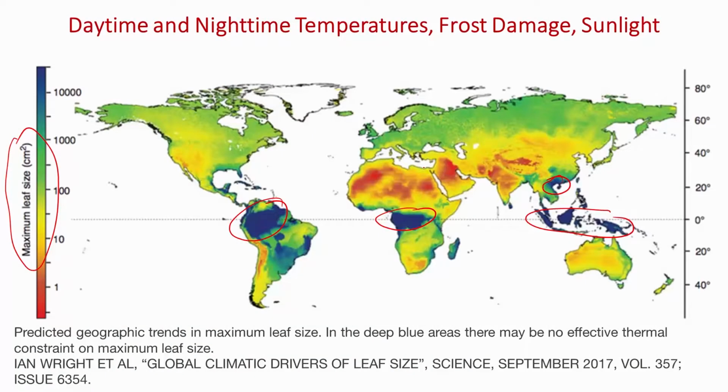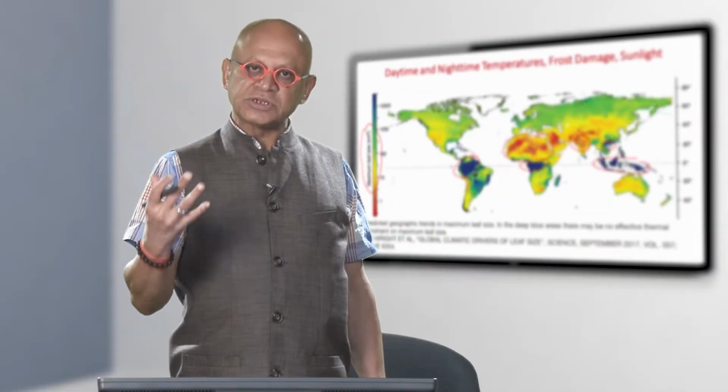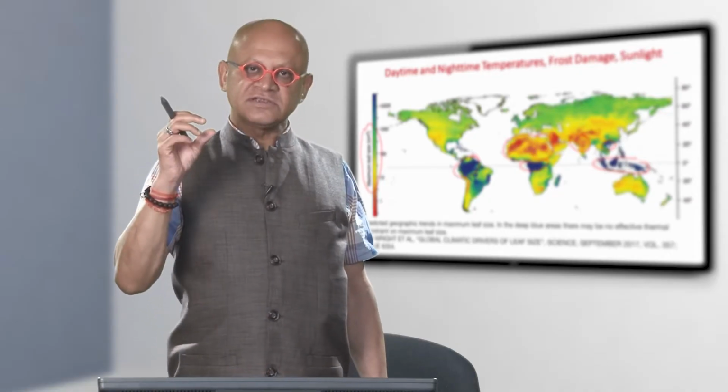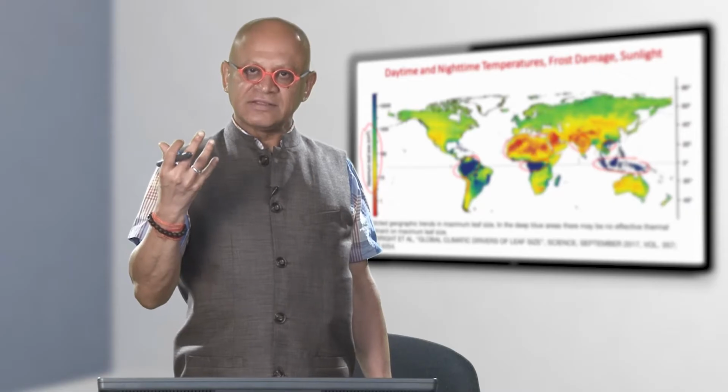Whereas if you go over the desert regions or even over the monsoon regions over India and so on, the leaf size is much smaller. The large leaf size in the rainforests is basically fixed, whereas when you have large seasonal variations in temperature, humidity and so on, like the monsoon region, the leaf sizes can display their impact.